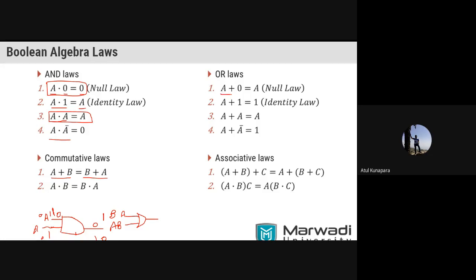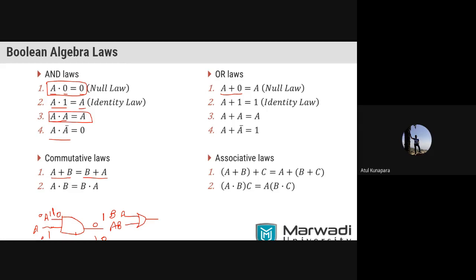Now, if you are performing OR operation of your input A with logic 0, you have to keep in mind the truth table of the OR gate. We know that an OR gate gives output 0 only when both inputs are 0.